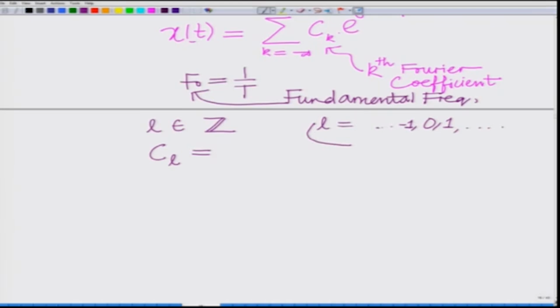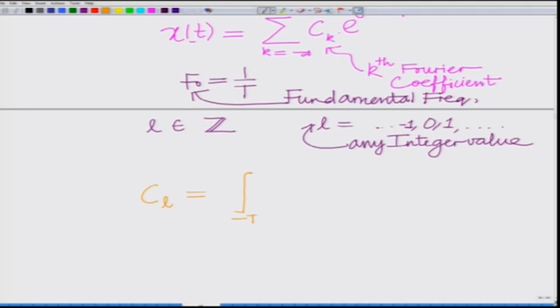So k can take on any integer value, and this coefficient C_k is given by this integral from minus T over 2 to T over 2 of 1 over T x(t) e to the power of minus j 2 pi k f naught t dt.